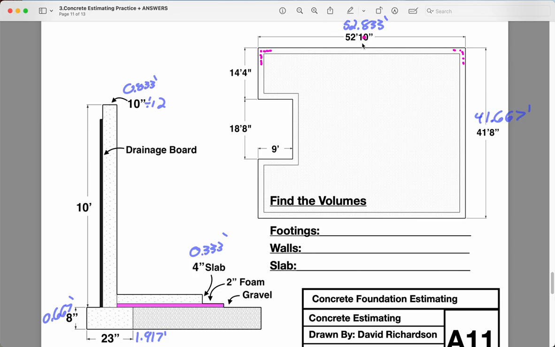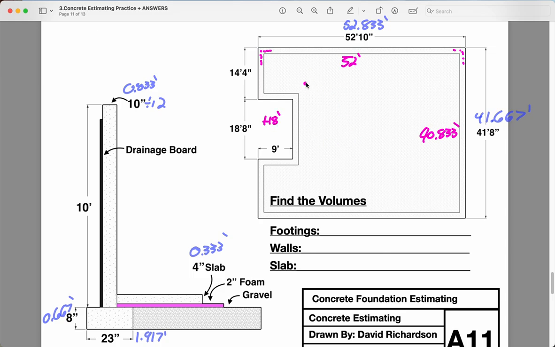This goes from 52 foot 10 to 52 feet. Here we have 41 foot 8. We take 10 inches off of that, so we'll be at 40 foot 10, which is 40.833 feet.